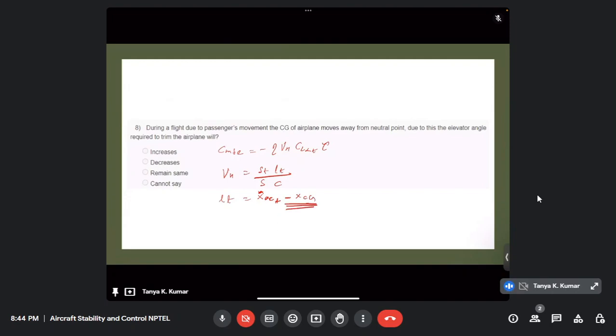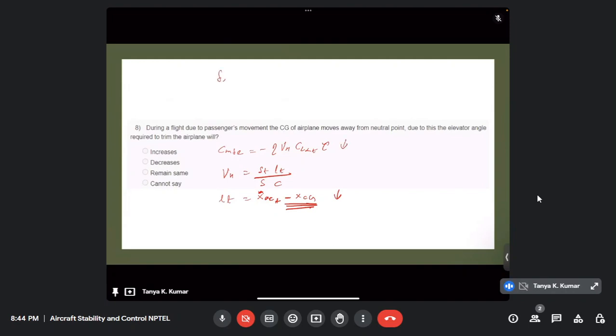So now you see if the CG moves away from the neutral point, will this LT increase or decrease? LT decreases, right? So Cm delta E decreases or increases? Cm delta E also decreases.